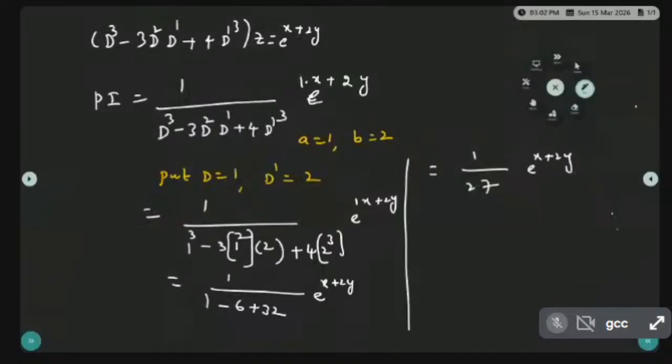This is the a value, this is the b value. We must replace d equal to the a value. What is the a value? 1. D dash equal to b. B value 2.